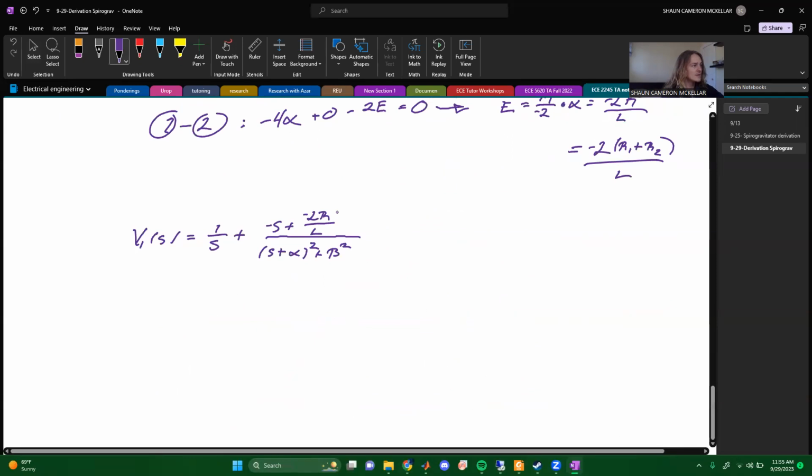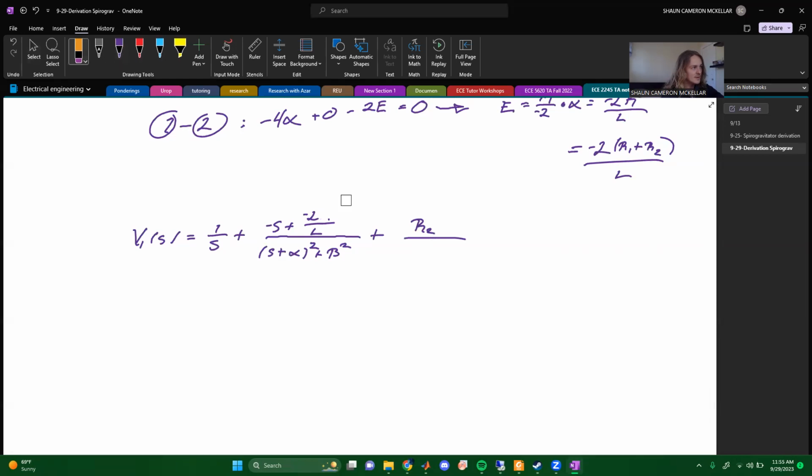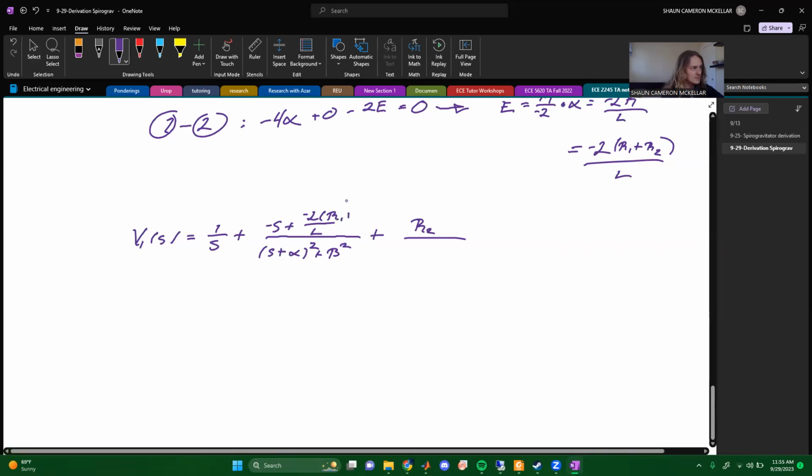So that handles the partial fractions. And then we also have to take into account the plus, this was R2 over, maybe I should express this as R1 plus R2.